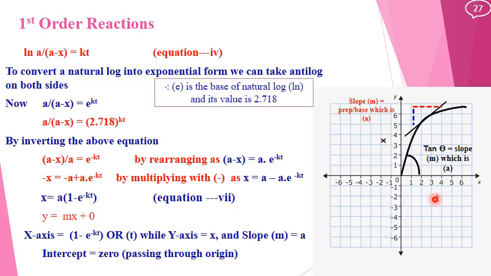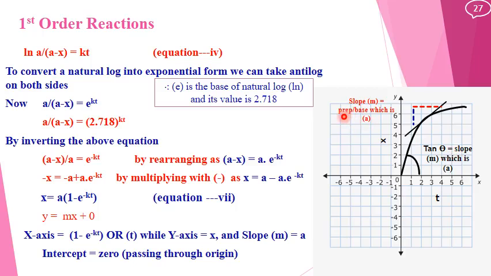By drawing this equation graphically, at the x-axis we have the value of time, at the y-axis we have the value of x, which is the concentration of our product, and we will have such type of curve. And by drawing a tangent line on this graph, we will find the value of slope by drawing a right angle triangle, or we may have the value of theta angle, and it will represent the value of slope.